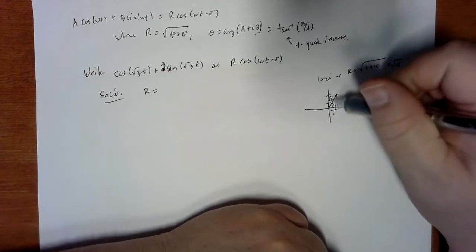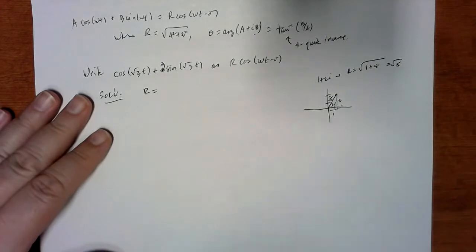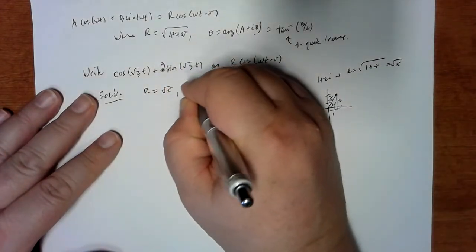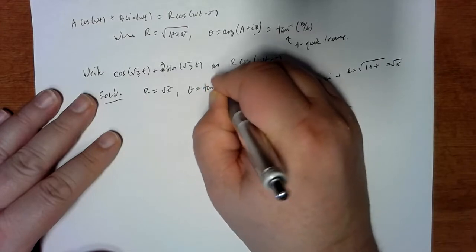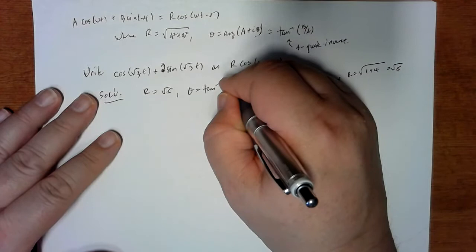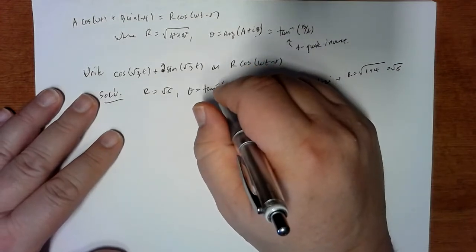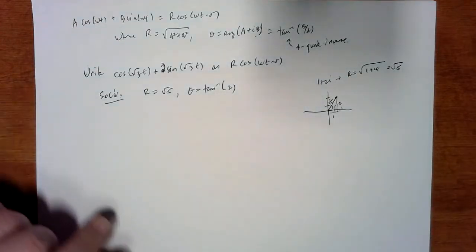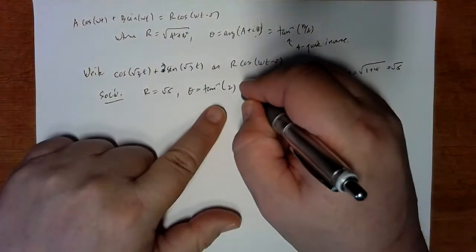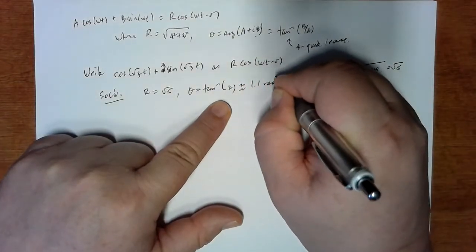Okay, but the point is that the angle measure is not a known value. So we'll just go ahead and write r is equal to the square root of 5, and theta is the inverse tangent of 2. Let me put that in my calculator. 1.1 radians.